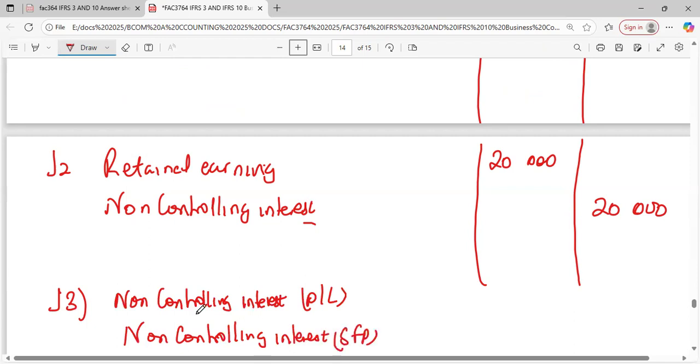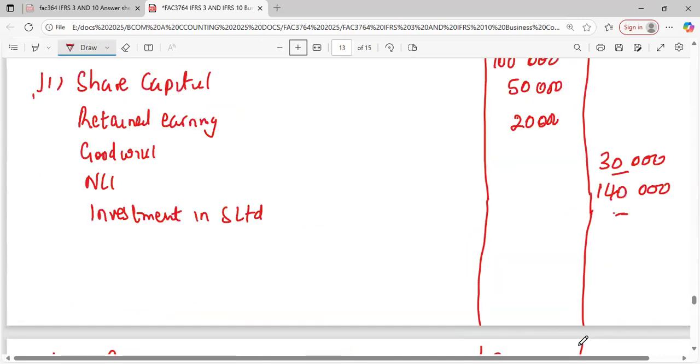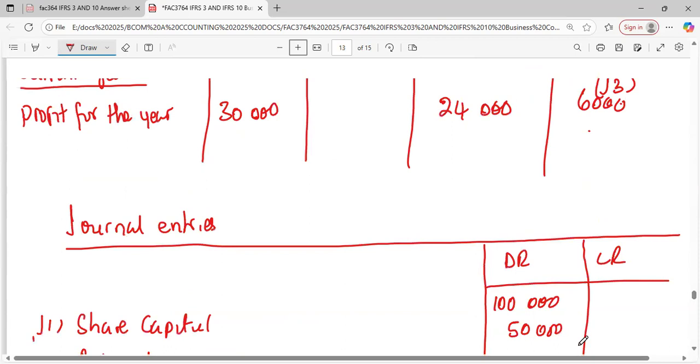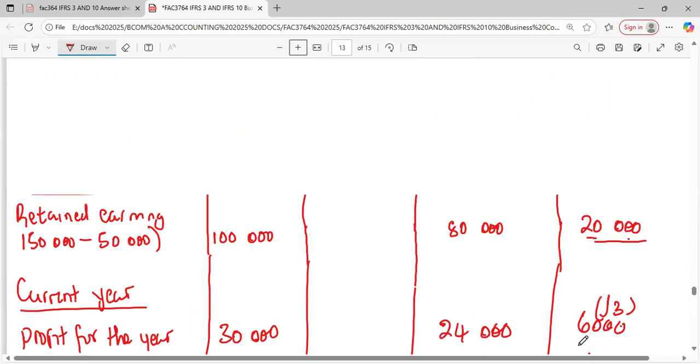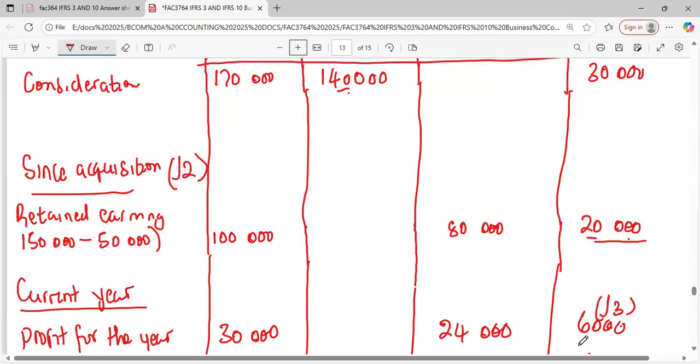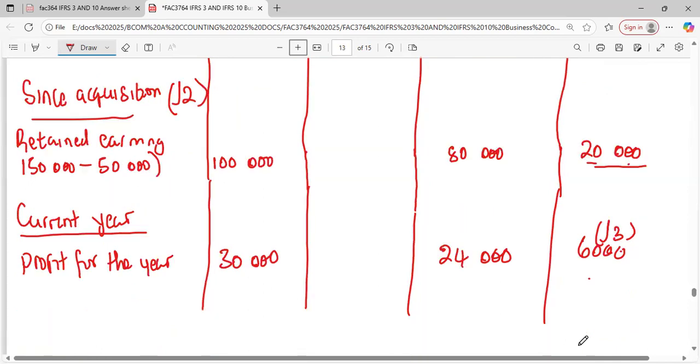So here you are taking out from profit and loss what goes from profit and loss to non-controlling interest. So we take it from our analysis, which is here, 6,000. So that's what we take to NCI from profit for the year.